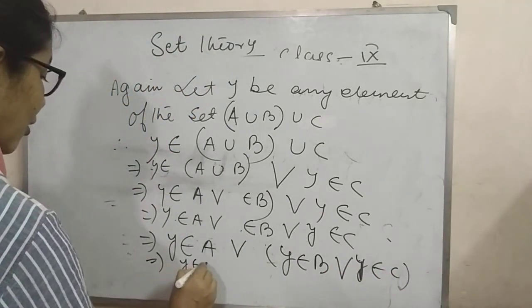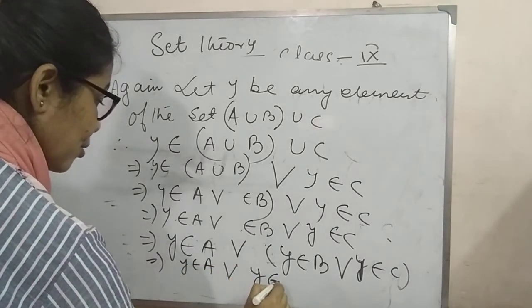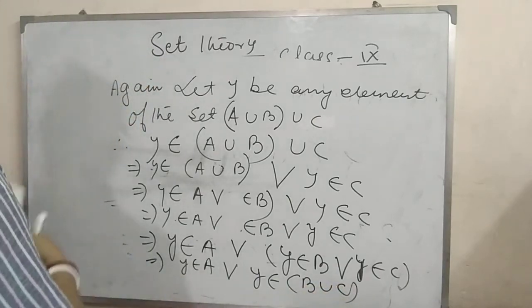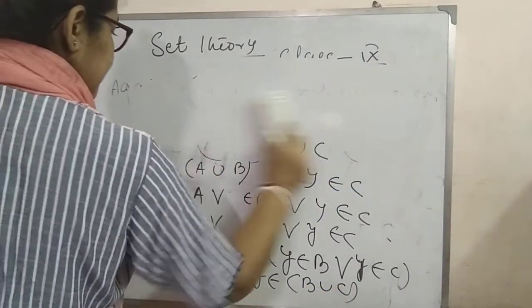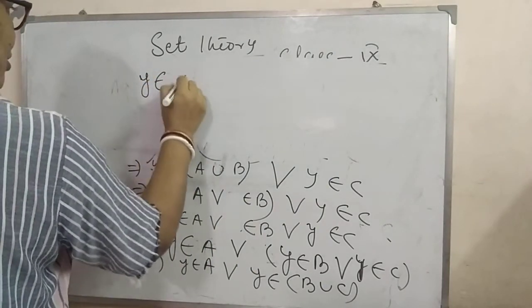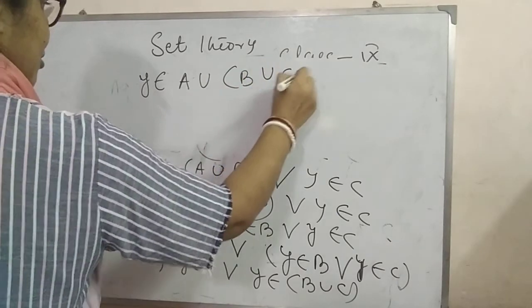So, y belongs to A or y belongs to B union C. That means y belongs to A union (B union C).